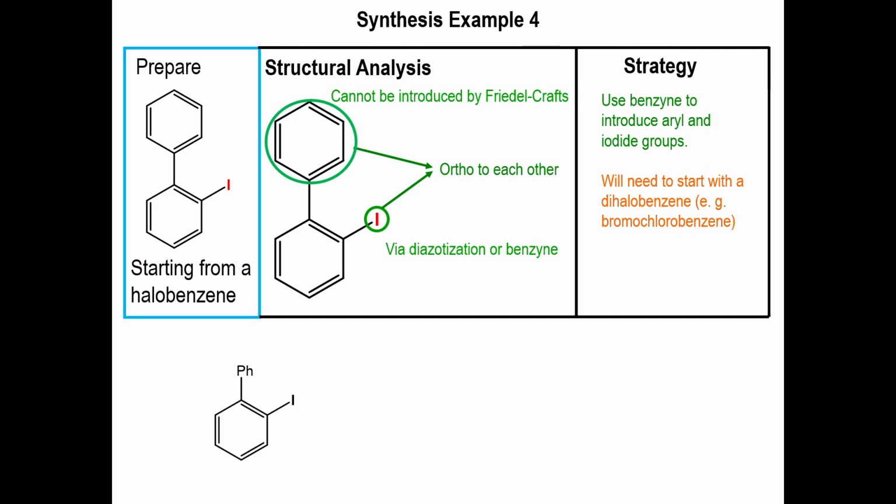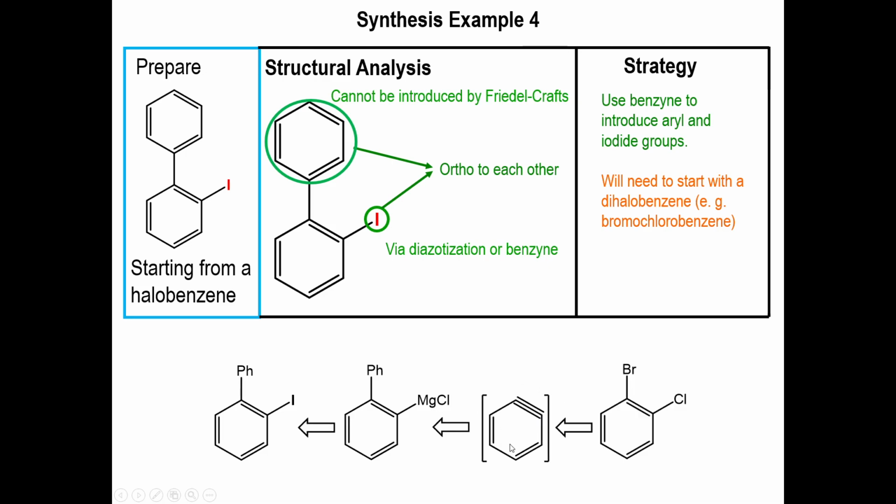So if you want to generate this molecule, which I'm abbreviating the second phenyl ring as Ph, the way you could do this is to introduce the other group by reacting the Grignard derivative with diiodine. And this Grignard derivative can be made directly from the benzyne intermediate if you react it with phenyl Grignard. And of course, the benzyne intermediate itself can be formed directly from ortho-bromochlorobenzene.